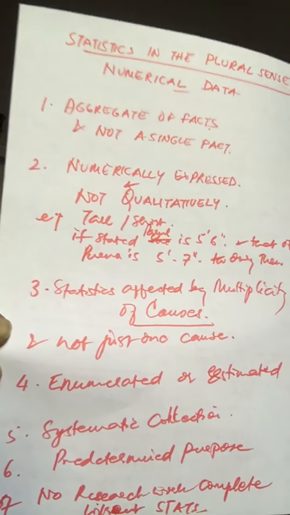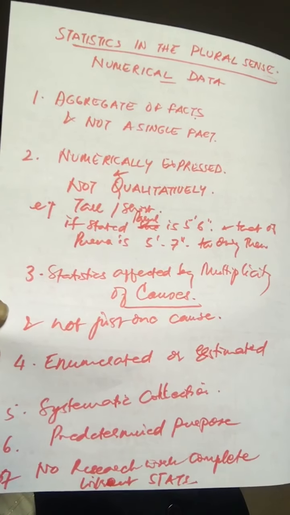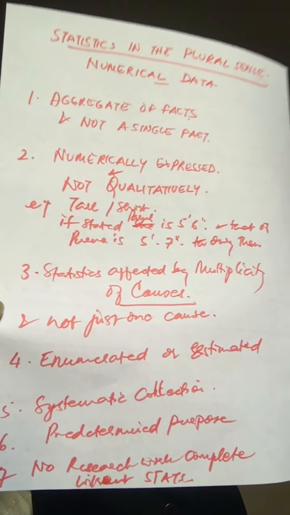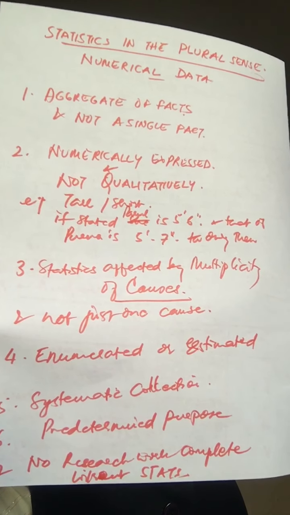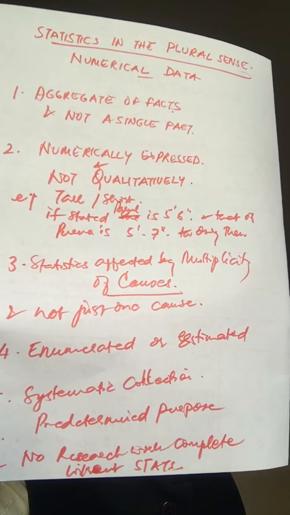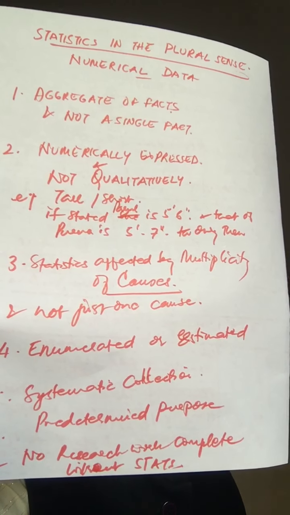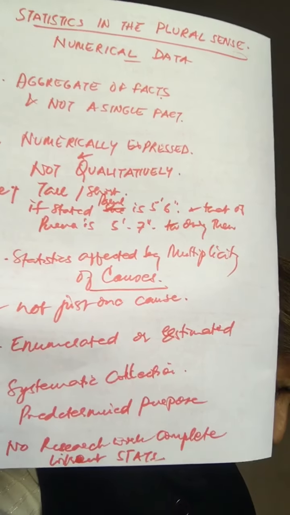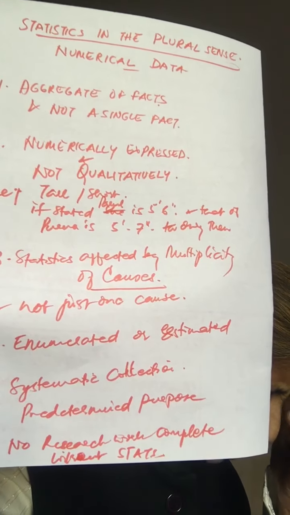Another important characteristic of statistics in the plural sense is that statistics are affected by a multiplicity of causes. There are several factors or causes which affect statistics. For example, if we are doing a study on the number of failures in a classroom, there are several causes.